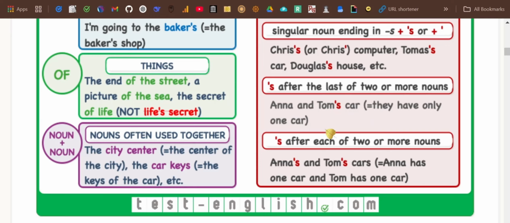The car belongs to both of them. But if you want to say each one has a car, then you put two apostrophes like this. Anna's and Tom's cars. So the cars of Anna and of Tom. This is the meaning. Okay?